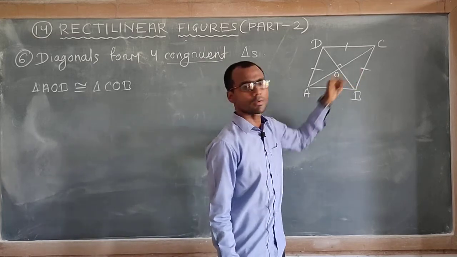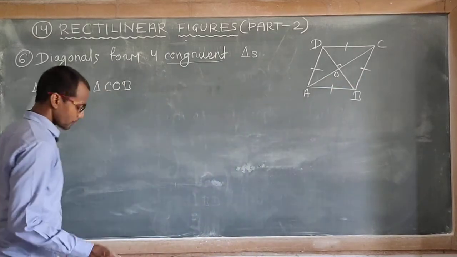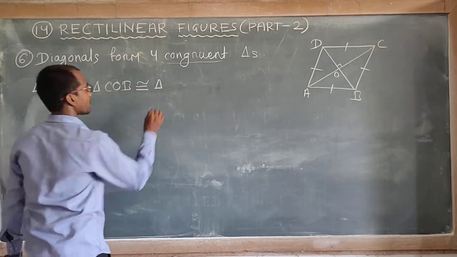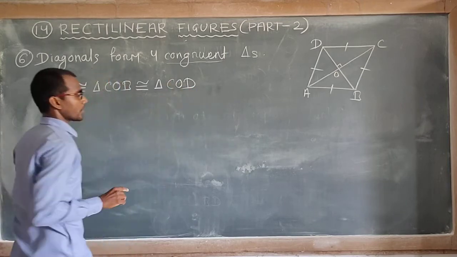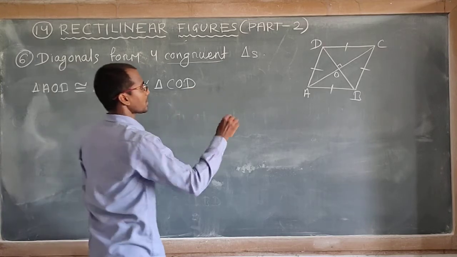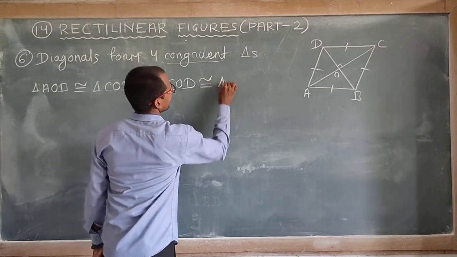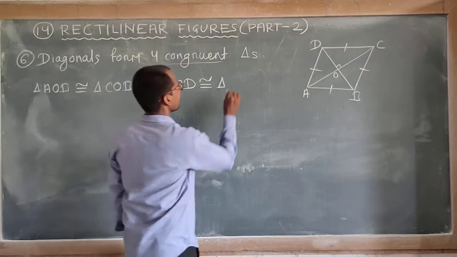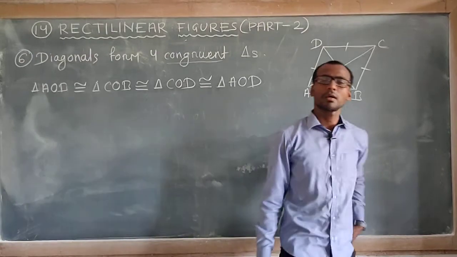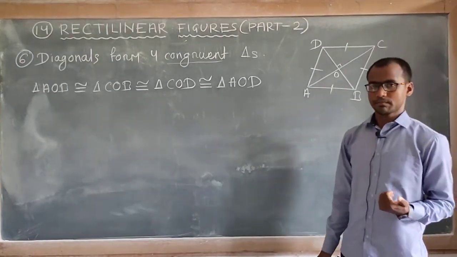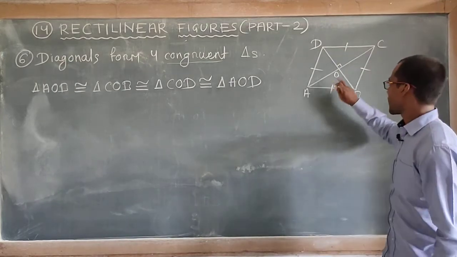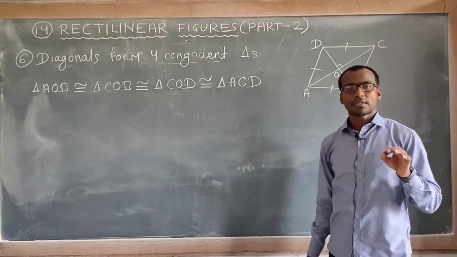Okay, AOB congruent to COB, and COB is congruent to COD, taking the proper order. Always I am taking the proper order. Okay, then COD is congruent to AOD. So all these 4 triangles will be congruent and area will also be same. If area of the rhombus is 80 square cm, area of these 4 triangles will be 20 square cm each.